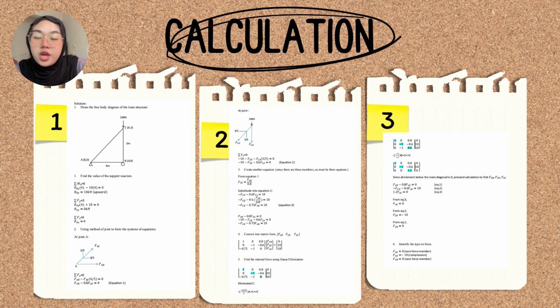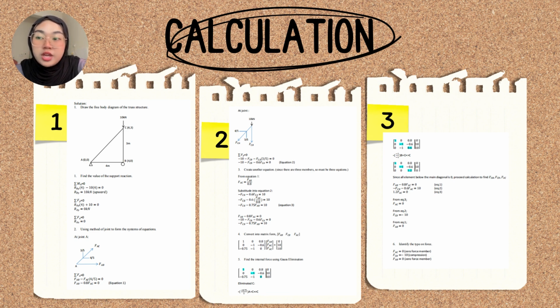At joint A, the equation that we get is FAB minus 0.8 FAC equal to 0. That is the first equation. Then at joint C, the equation is negative 10 minus FCB minus 0.6 FCA equal to 0.